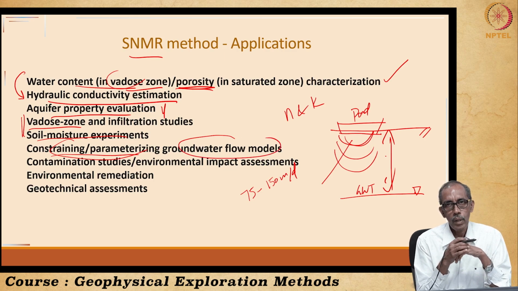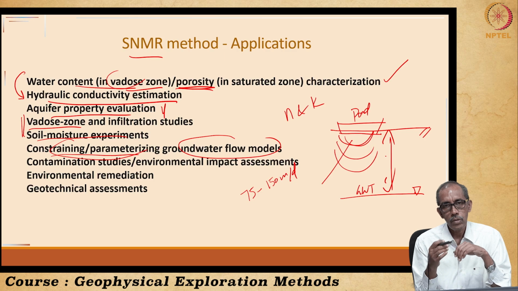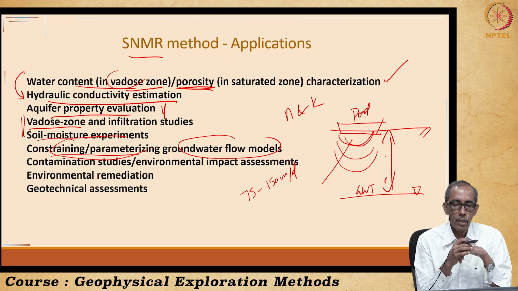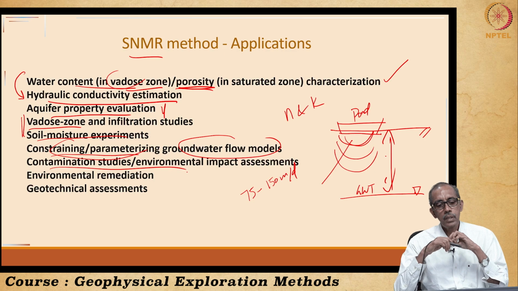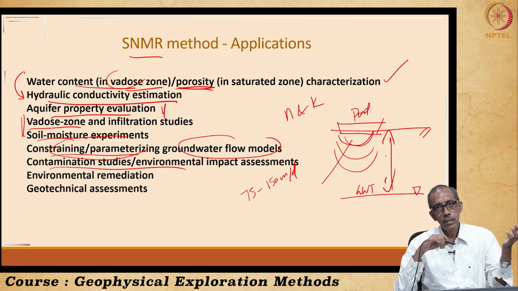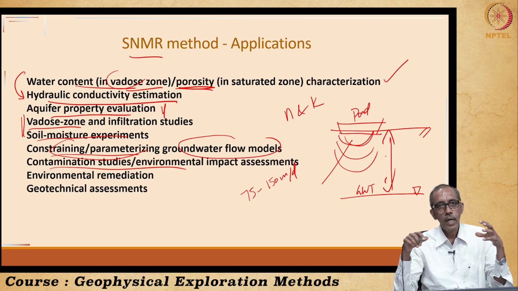For groundwater modeling, we can derive the parameters using nuclear magnetic resonance imaging. It is also very much used in contamination studies. For example, if the aquifers are getting contaminated with oil, we will be able to identify zones that are affected by oil contamination using the SNMR.